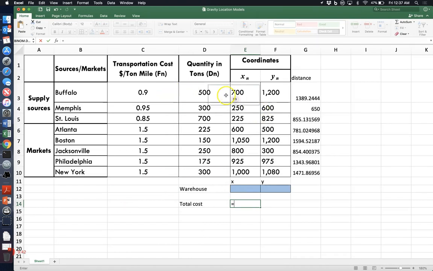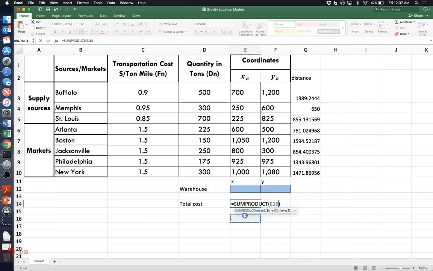So the total cost will be the cost times the quantity times the distance. You're going to multiply these three numbers, multiply these three numbers, multiply the three numbers, and add them. So what we are essentially doing is a SUMPRODUCT.